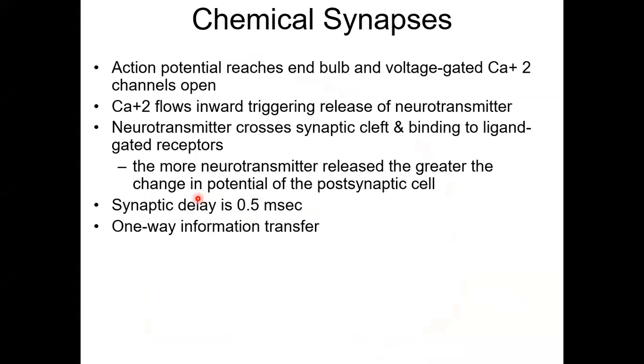So if you think that the synapse would delay the flow of nerve impulses in any significant manner, think again. The delay in this synaptic information transfer is about half a millisecond. Now think about it.